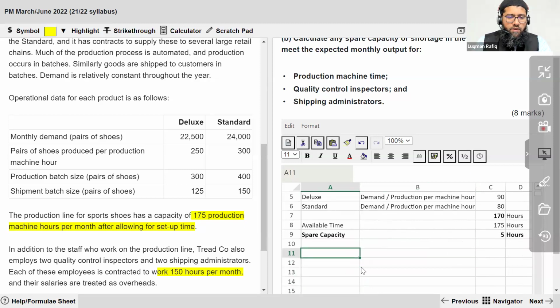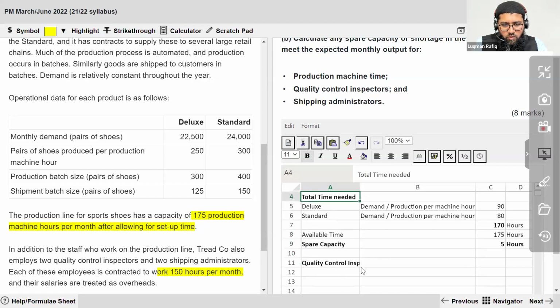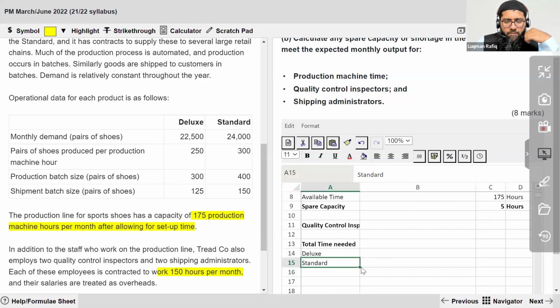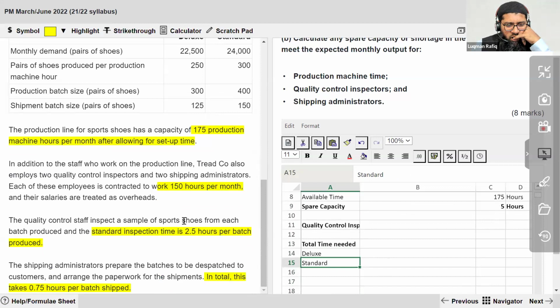Now let's move a bit forward with respect to quality control inspectors. What's happening with respect to quality control inspectors is that the time available, time needed, because what does it say? 2.5 per batch produced.